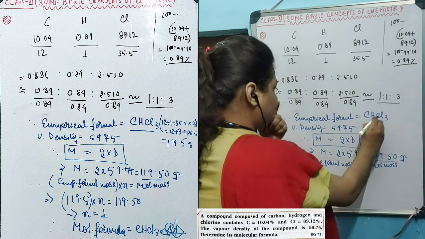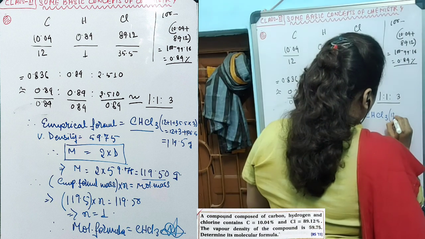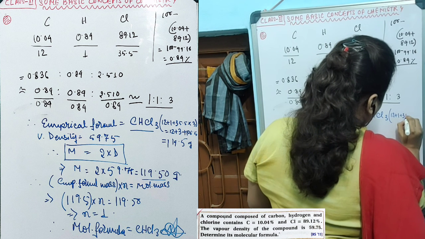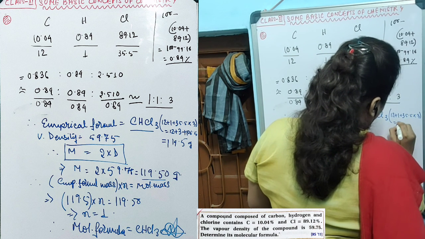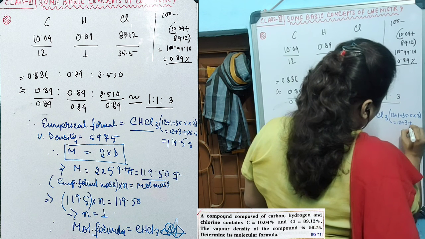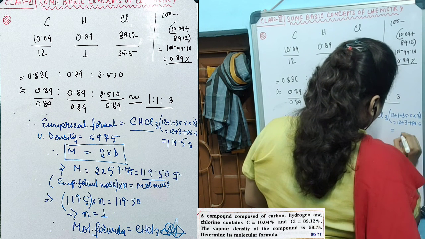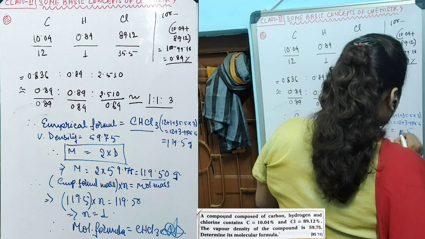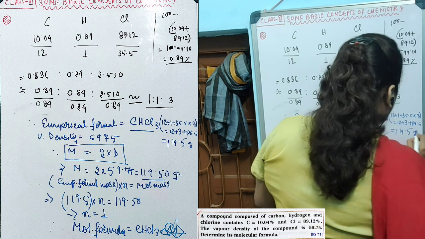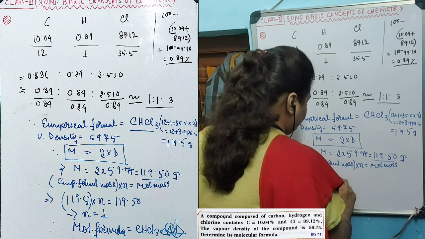Now the empirical formula mass for this one will be 12 plus 1 plus 3 times 35.5, which is almost 119.5 gram.